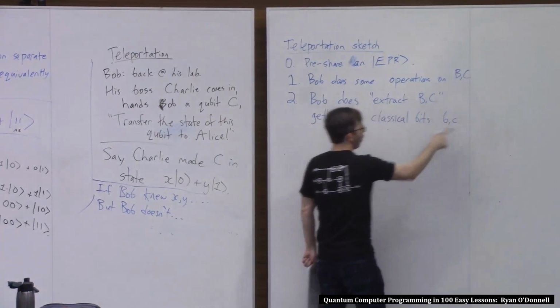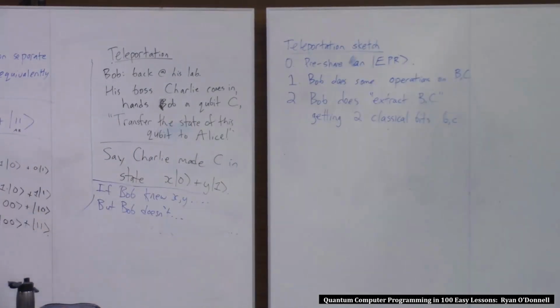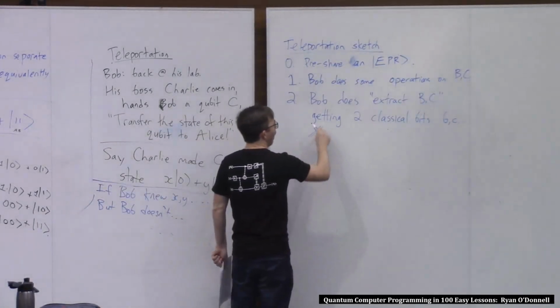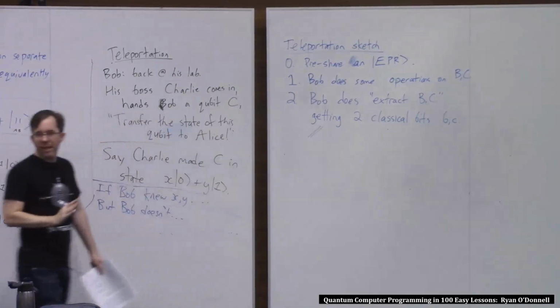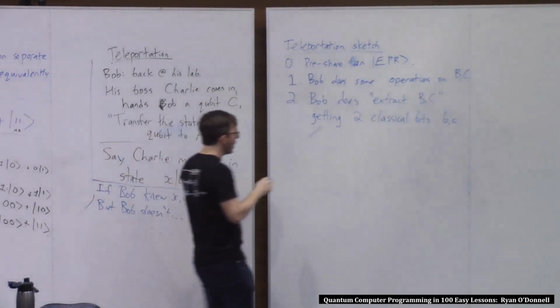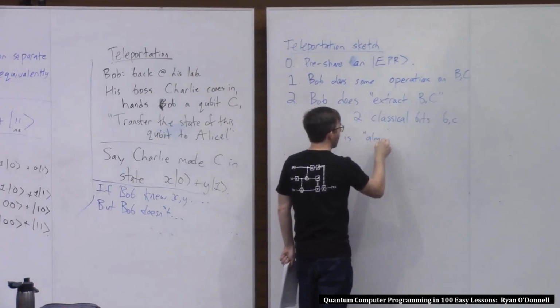These are normal classical zeros and ones, the readout of his measurement device. And as a side note, at this point, the only qubit that still exists is A, Alice's qubit A. And as a side note, at this point, A is almost in the correct state.